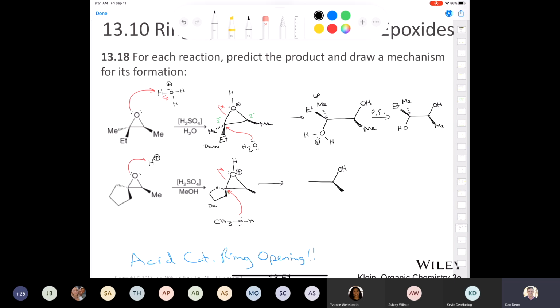Remember, this group is pointing down, so now it's going to be pointing up. Again, it's not even a stereocenter, but it's going to be pointing up like this. And then I'm going to have my oxonium here like that. And then after the last proton transfer, I end up with the product.